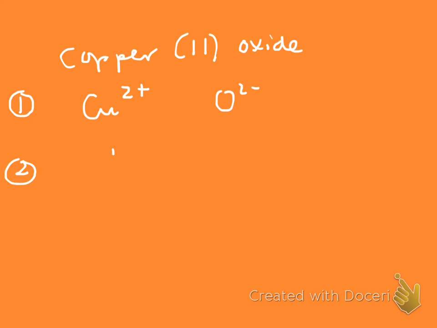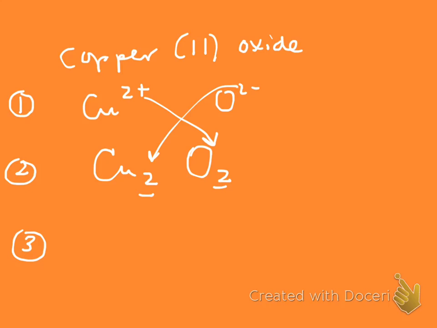Second step, doing your crisscross. So we get 2 and 2. Third step, can we simplify that? Yeah. That will be just CuO.